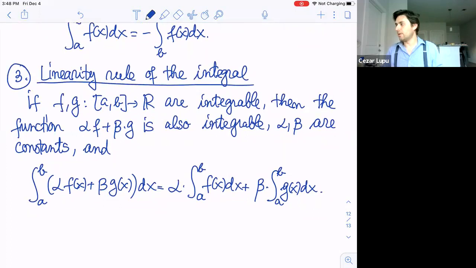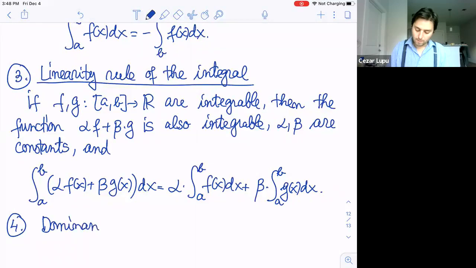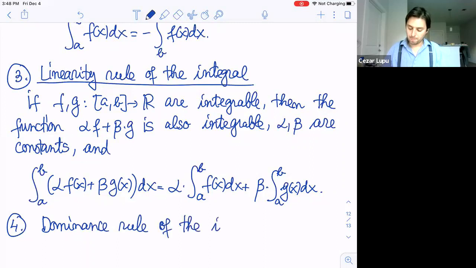Now let's see what else we have here. We also have the dominance rule of the integral, which basically says the following.